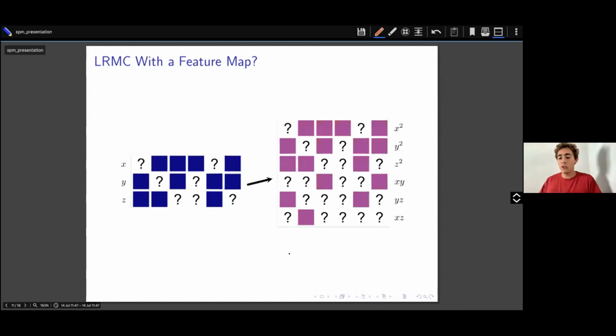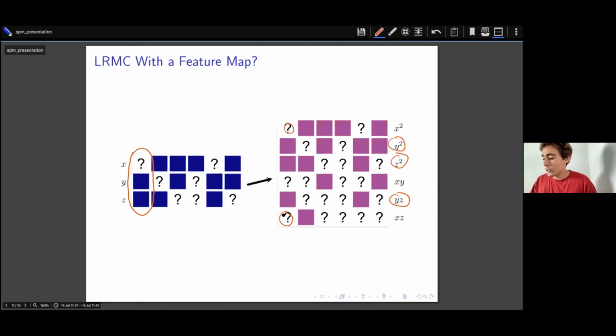So again, what's our plan? Let's say we know the coordinates y and z, but we don't know x. When we apply our feature map, what coordinates do we know in our feature space? Well, we know y and z, we know y squared, and we know z squared, and we know yz. These coordinates we can't be sure about, but we definitely know these ones. So that's the plan.